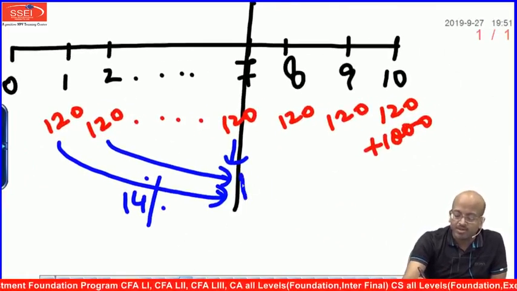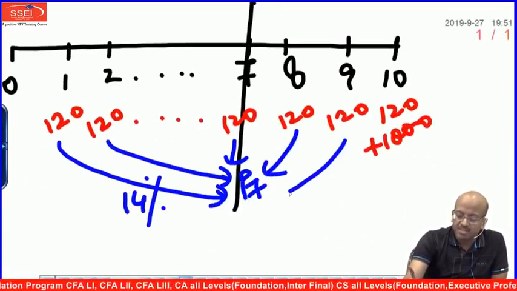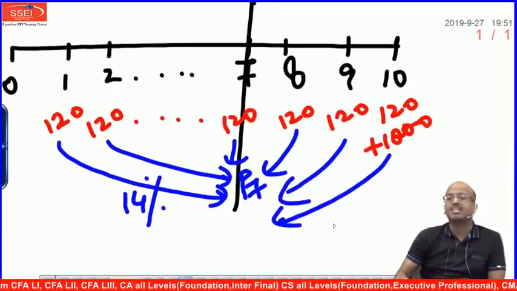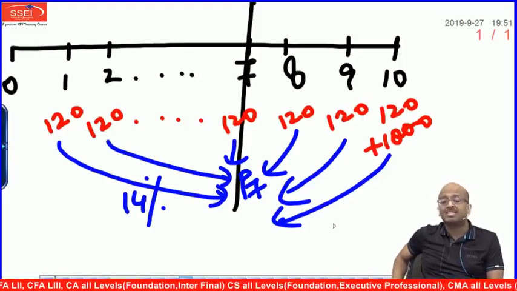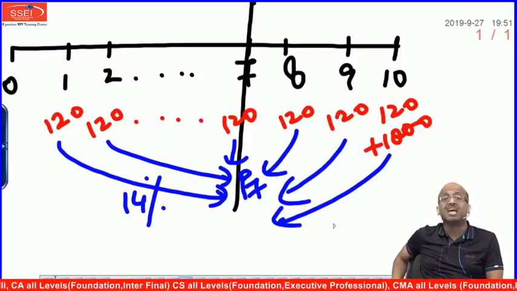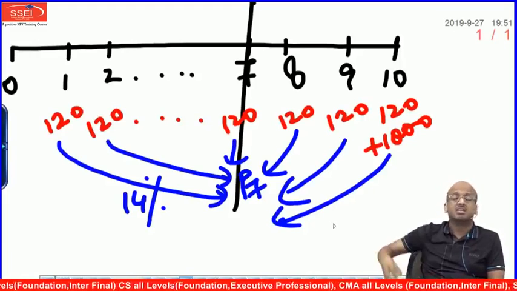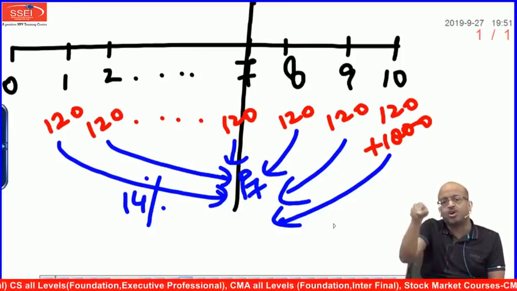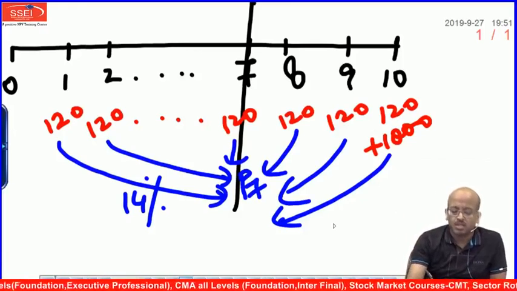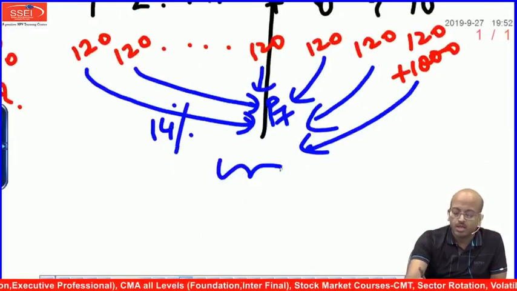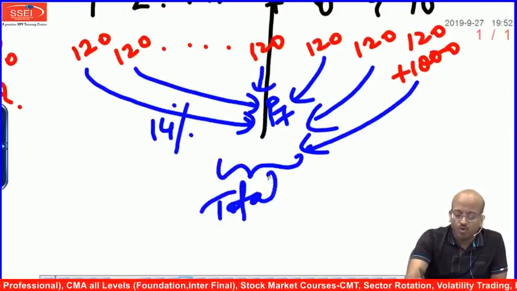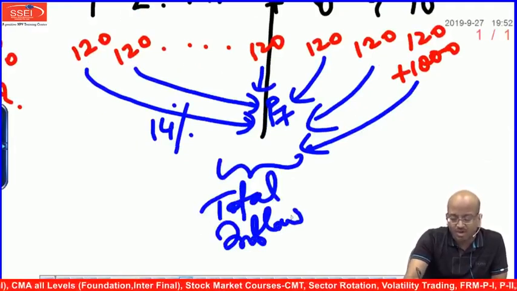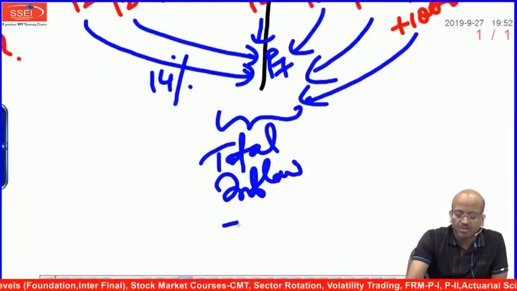Now you sold the bond, P7, but this time you were sad while selling the bond, because P7 was the present value of the remaining cash flows at what rate? 14. So the yield went up, the price came down. So you gained on the reinvestment, you lost on the price. Total inflow, we will calculate.